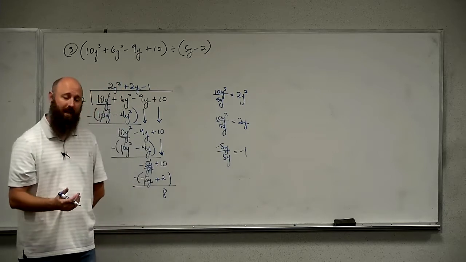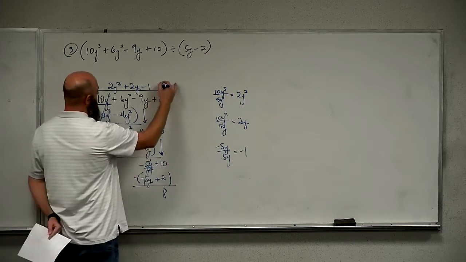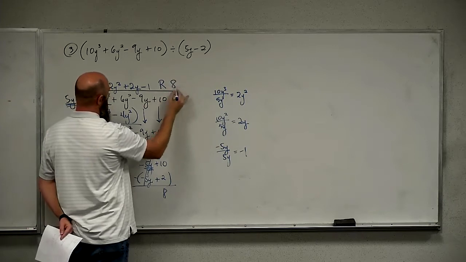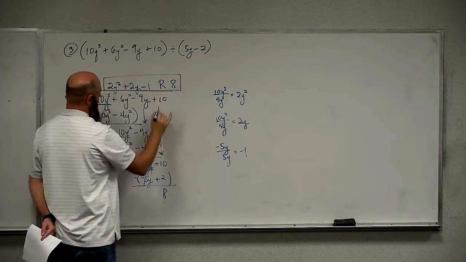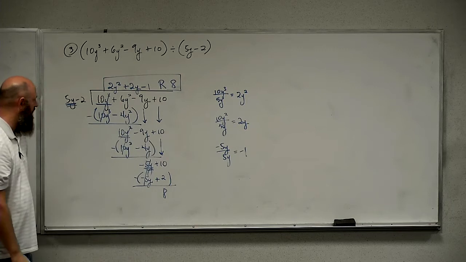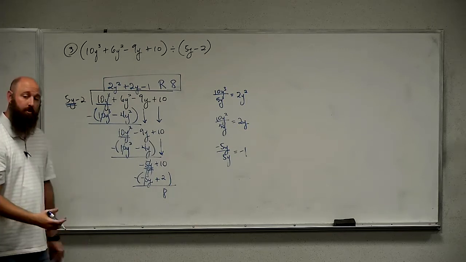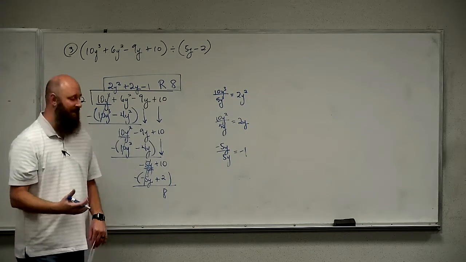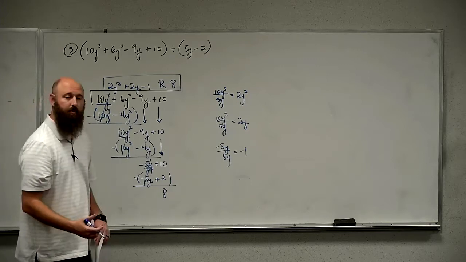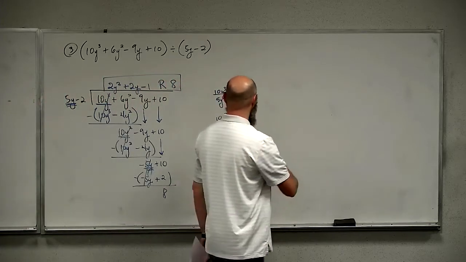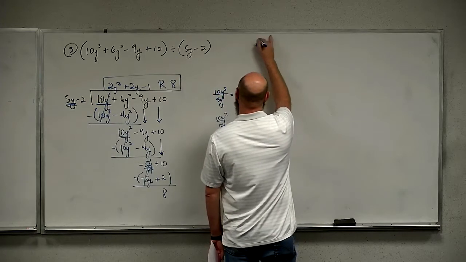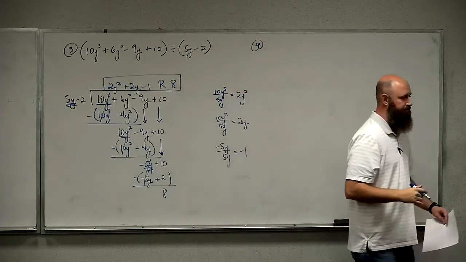And so that's our remainder. So we're going to put remainder of 8 on those. Okay? And that's our result. So we're able to work through that using our long division rules from previous times. Okay? So kind of keep those things in mind there.